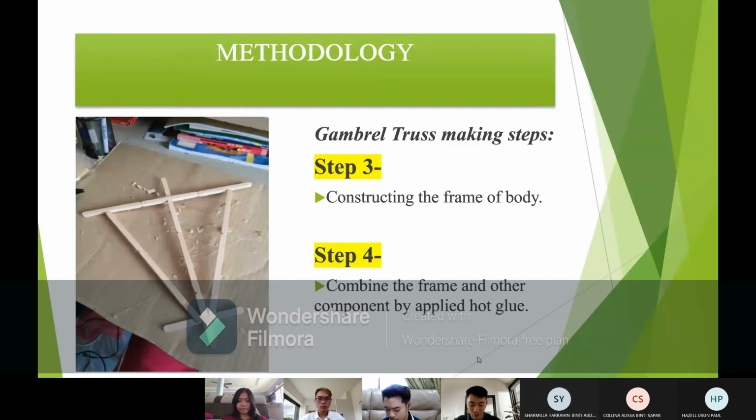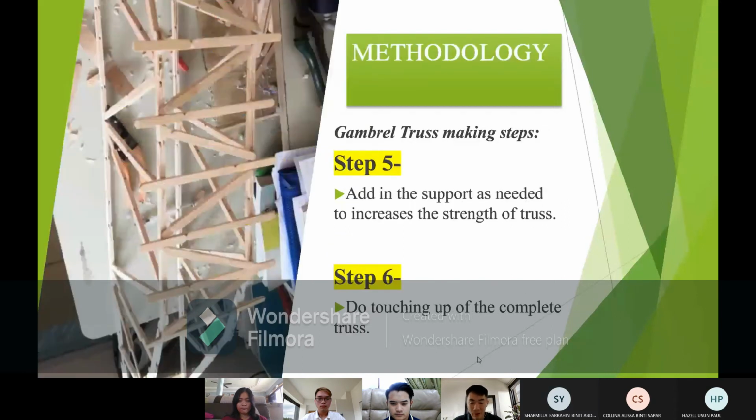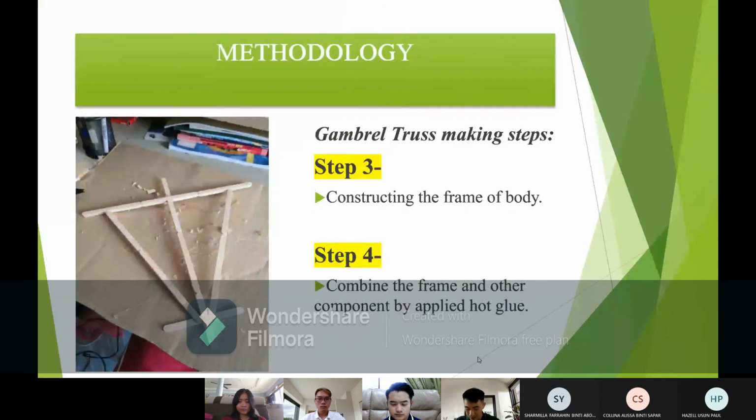We can stack 3 to 4 layers of popsicle sticks to ensure it is strong enough. A bulldog clamp is used to hold them tightly after the hot glue is applied. Next is step 4. We combine the frame and other components by applying hot glue. This is an example picture of the gambrel truss I made.